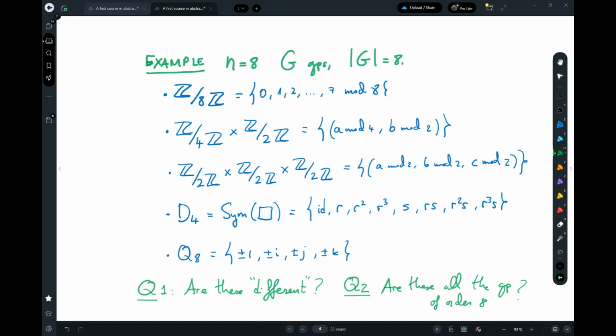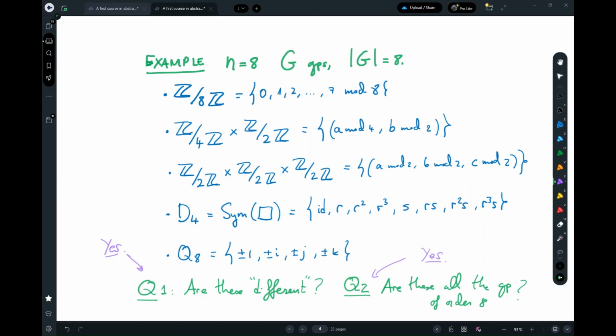The answer to this one is going to be yes. These are actually all the groups of order 8. And for Q1, the answer is also yes. These are all different. So there are exactly, up to what we call isomorphism, 5 different groups of order 8.